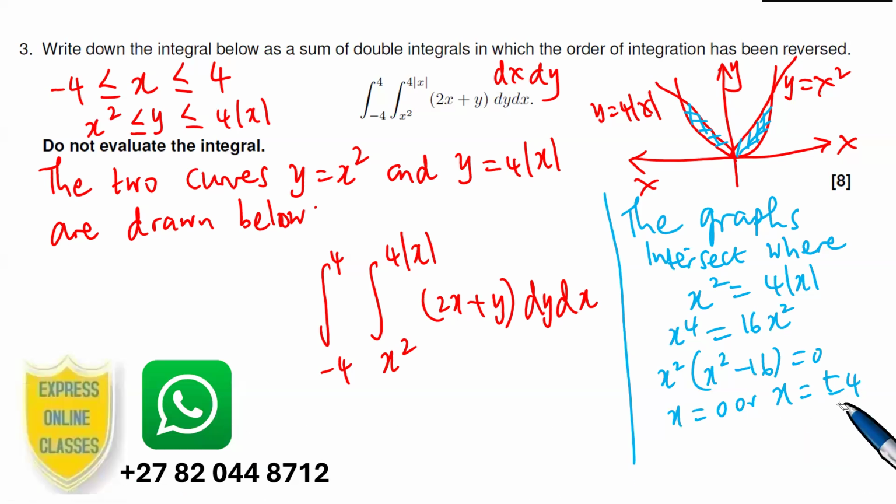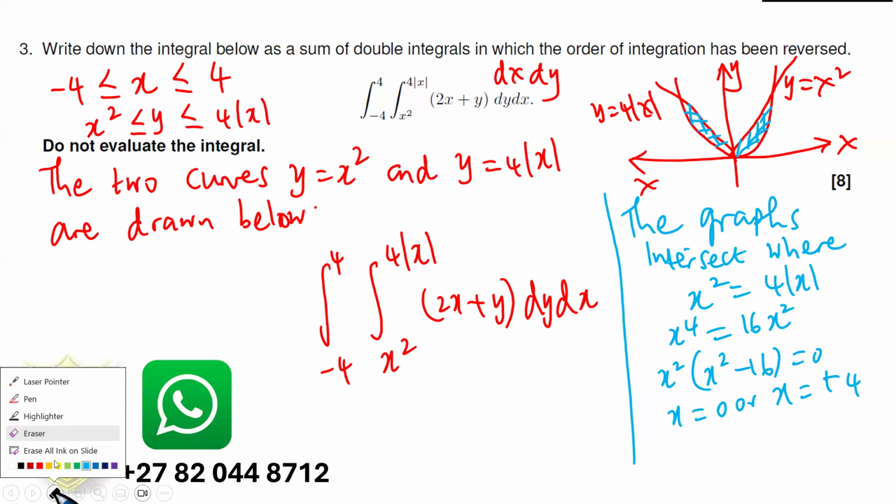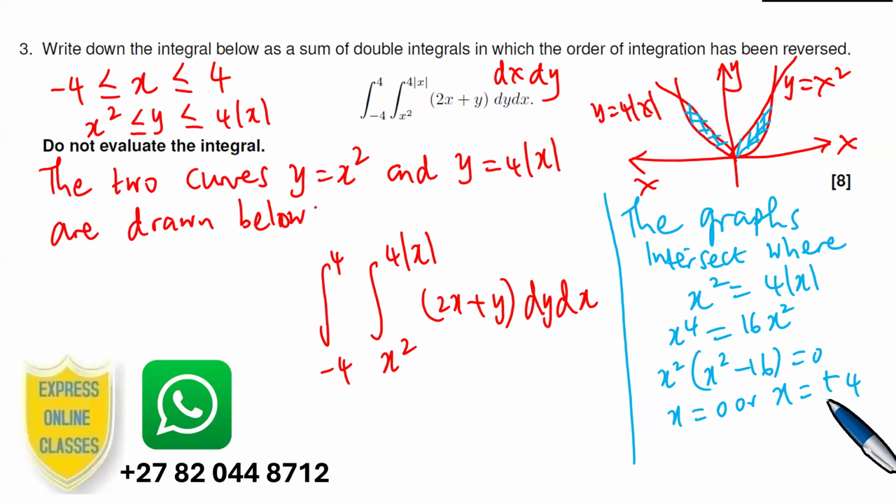So this is what we're getting here, and this becomes the points of intersection.